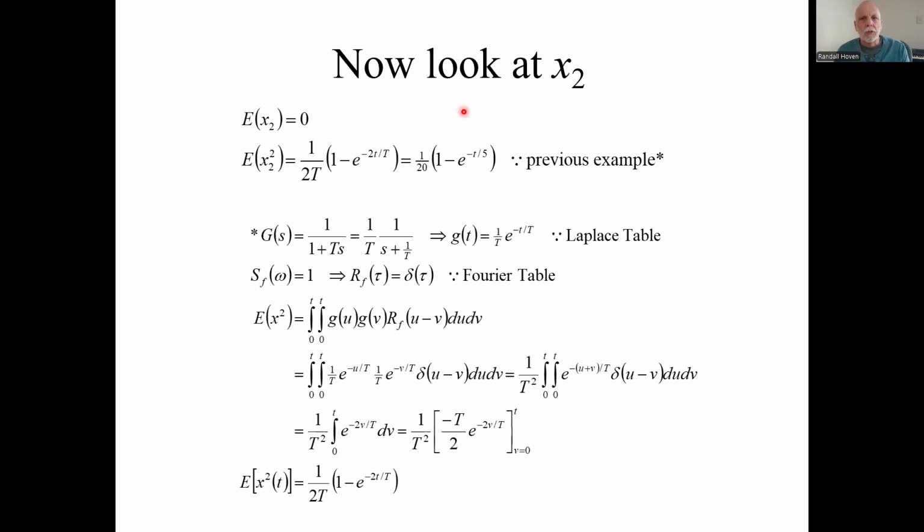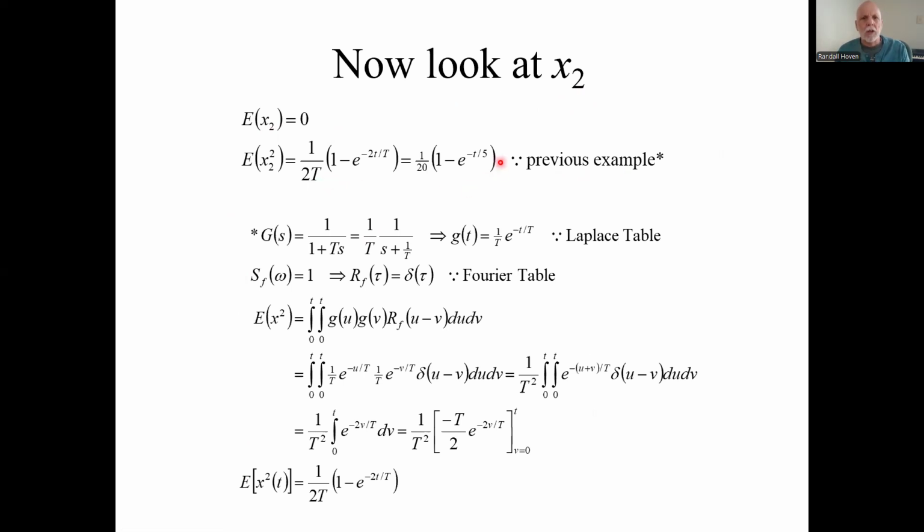Now we'll look at the other input, which was unity white noise. Its mean was 0. And its mean square, we got that from a previous example. All that arithmetic is down here. I don't want to go through that again because we did it about 2 or 3 videos ago.